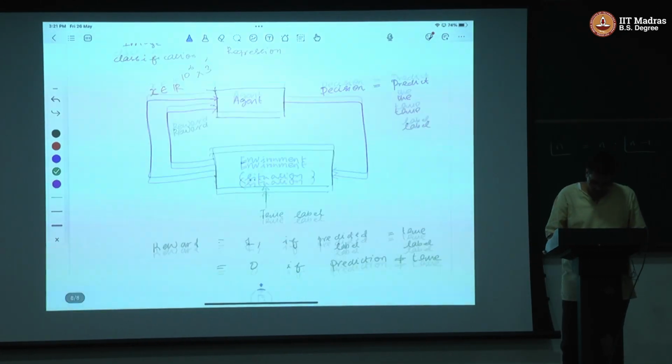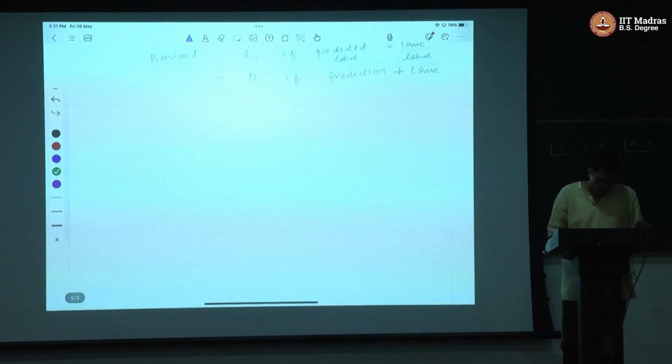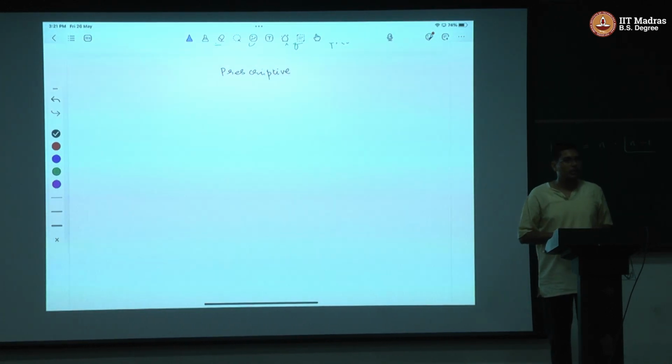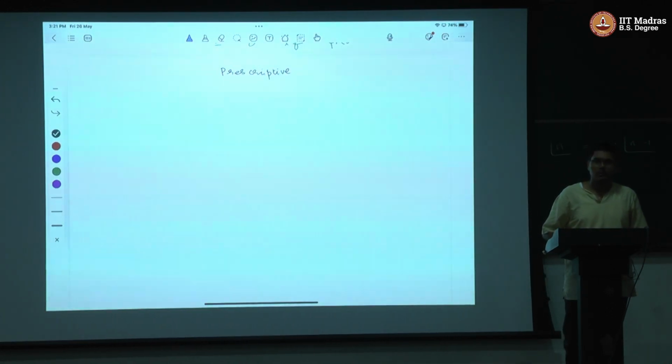Now we will go to prescriptive. Can you tell me an example of a prescriptive task? Recommending what? Why is that so? Because you are prescribing.